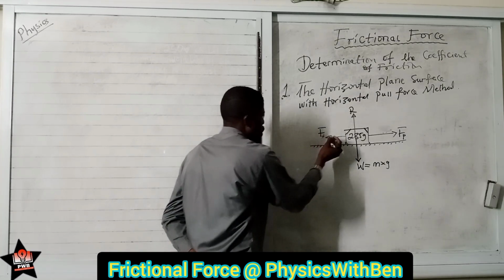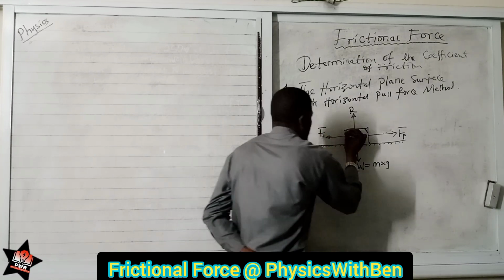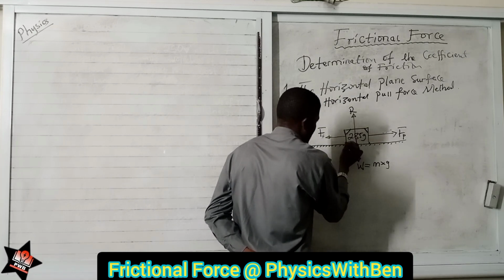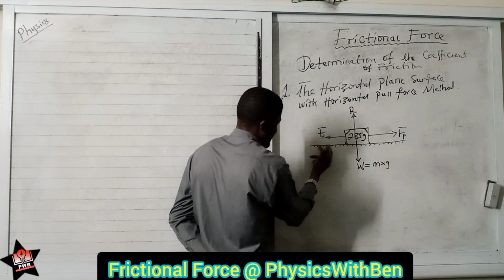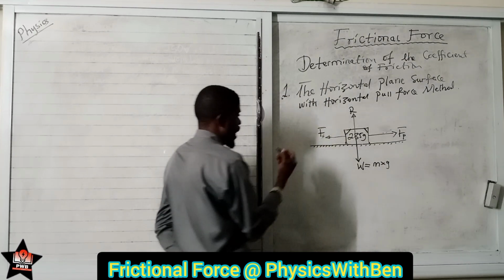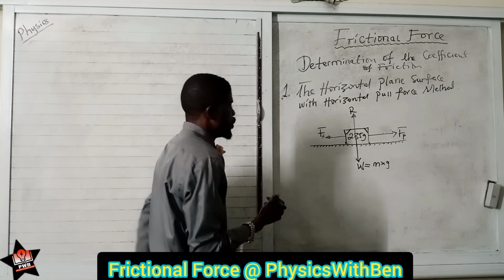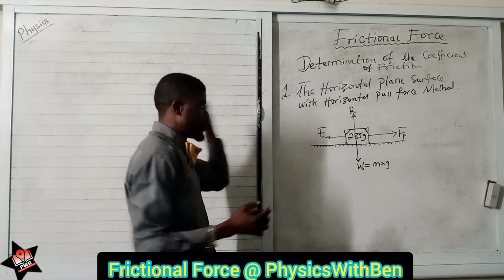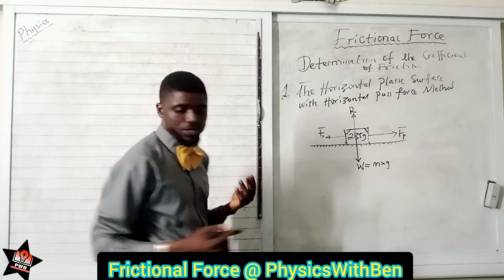And then the coefficient of friction is in between this block and this surface. So that's our mu. We are looking for our mu. So from here we can generate all the equations that will be used for calculations.